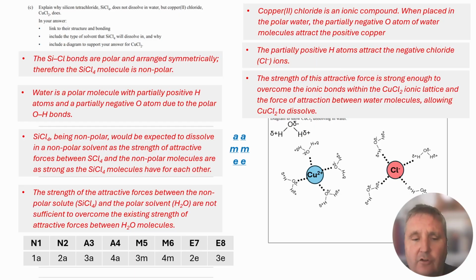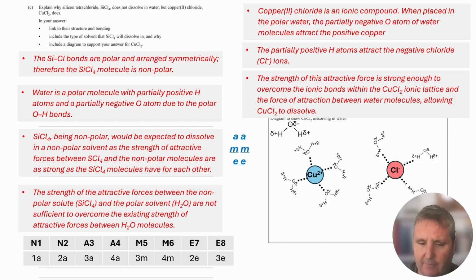Okay, so let's go over this one really quickly again. Actually, there were two excellence points. If you talked about the silicon chloride and its ability to dissolve in water and or non-polar solvents, you can get an excellence grade for that if you did it all correctly. If you did the copper chloride one correctly, its ability to dissolve in water, you can get the excellence for that.